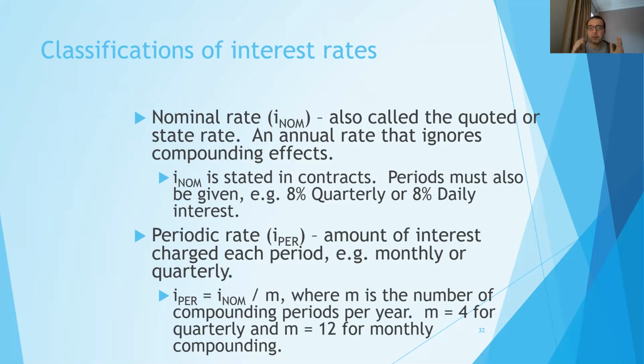But this time, I'm saying periodic interest rates. I'm not saying nominal interest rates, right? So basically, the per period interest rate is the nominal interest rate divided by the number of periods in a given year, right?